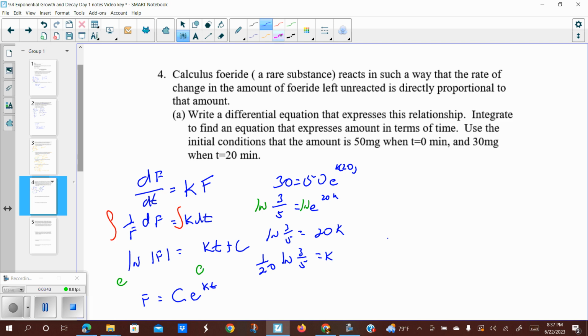So our function for the amount of fluoride is 50 e to the 1 over 20 natural log 3/5 times t. So now we should be able to use that to figure out the last two parts of this.